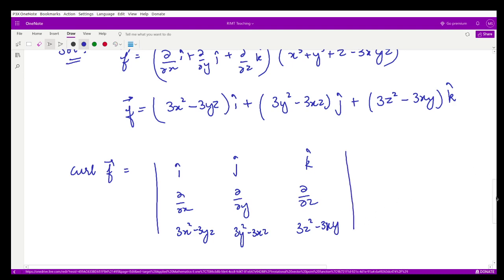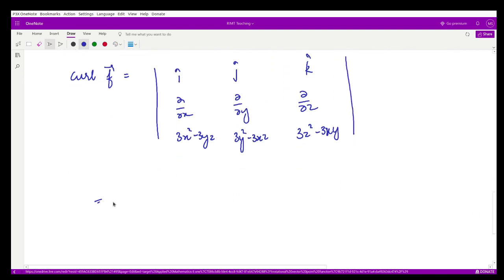So now you are to solve this quantity. It would be i cap into, this into this, so that would be minus 3x, and then minus of this and this, so that would be minus 3x, right?